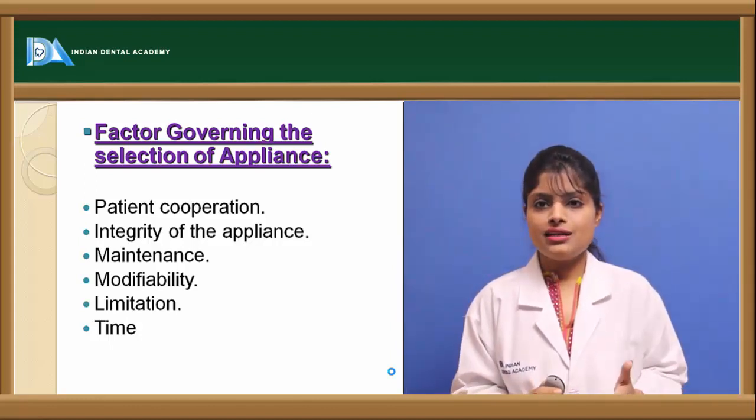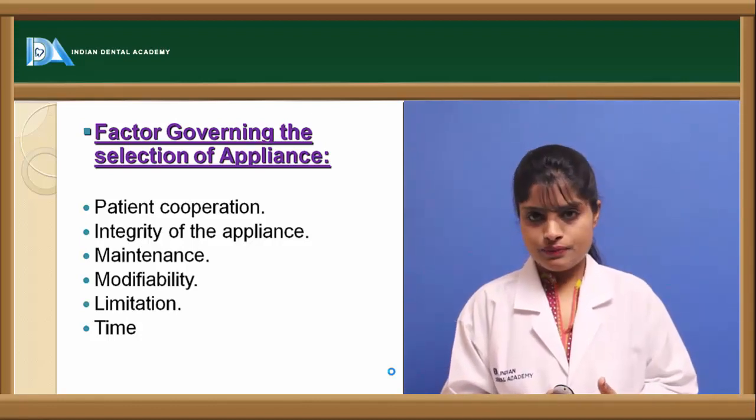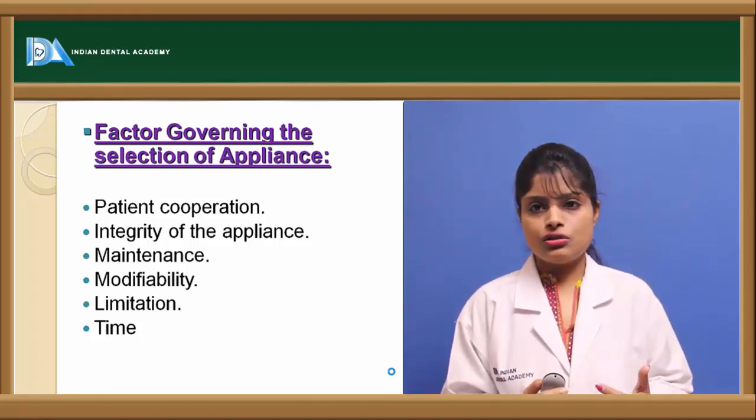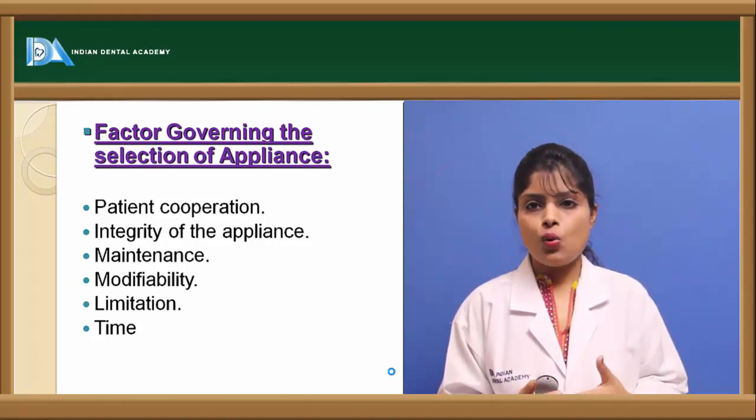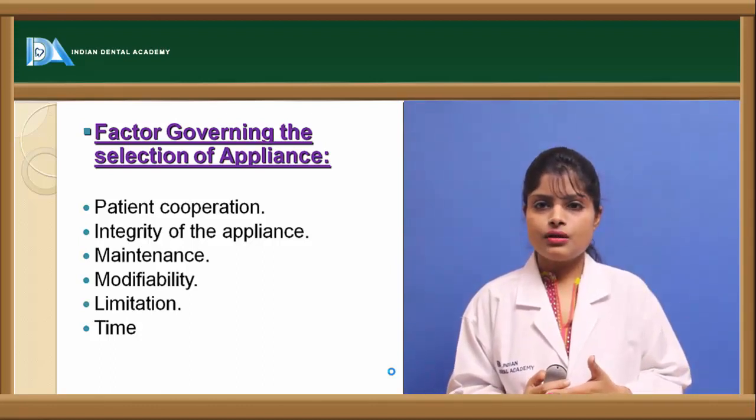So the space maintainers should be such that they can be modified easily for the requirements of the patient. In order to match with those requirements, we modify the space maintainer.